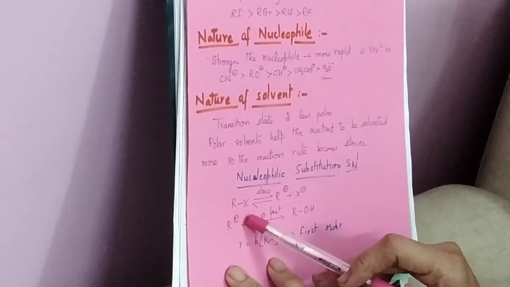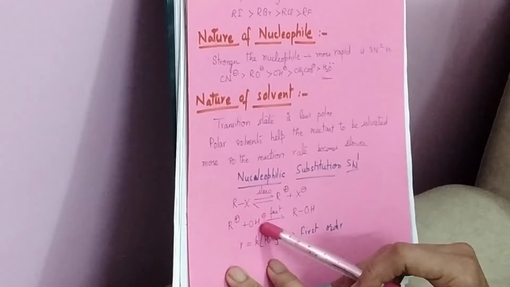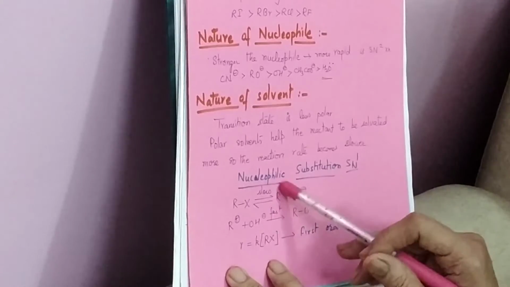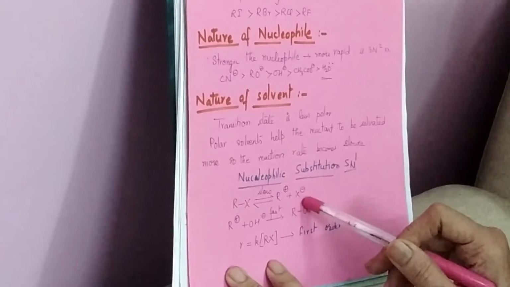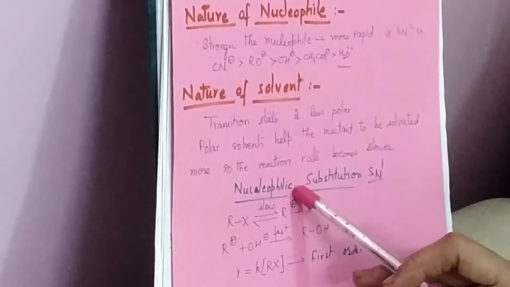This alkyl halide, as the nucleophile approaches it, it gets ionized actually, and it releases X negative ion along with this R positive.